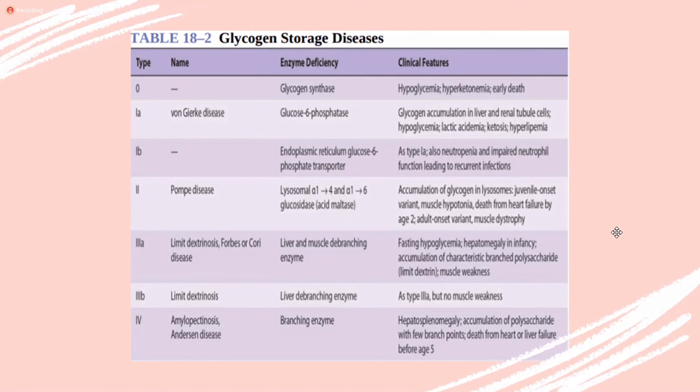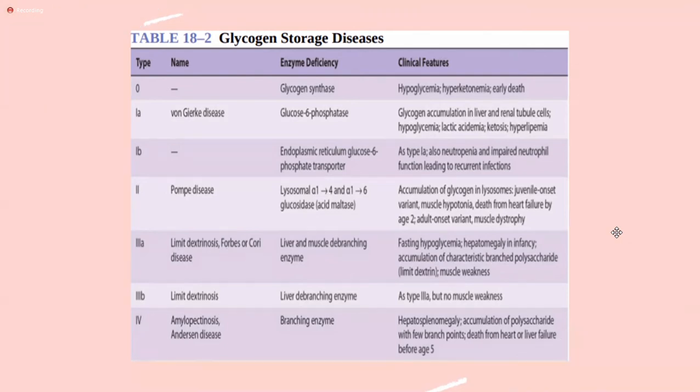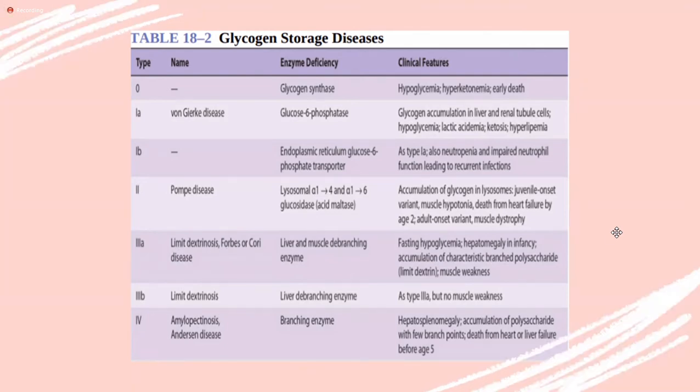So there are plenty of branching, and that cannot be removed because you do not have a debranching enzyme. Okay? So fasting hypoglycemia, as a result, there is plenty of glycogen, and the liver enlarges.